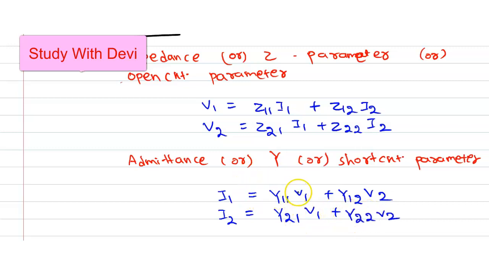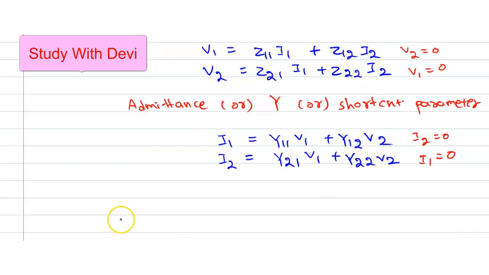This is my admittance parameter or Y parameter or short circuit parameter. How will short circuit parameter happen? We have to short circuit and we can find out that value. In one case V2 equal to 0, in the other case V1 equal to 0. In this case I2 equal to 0, in this case I1 equal to 0.